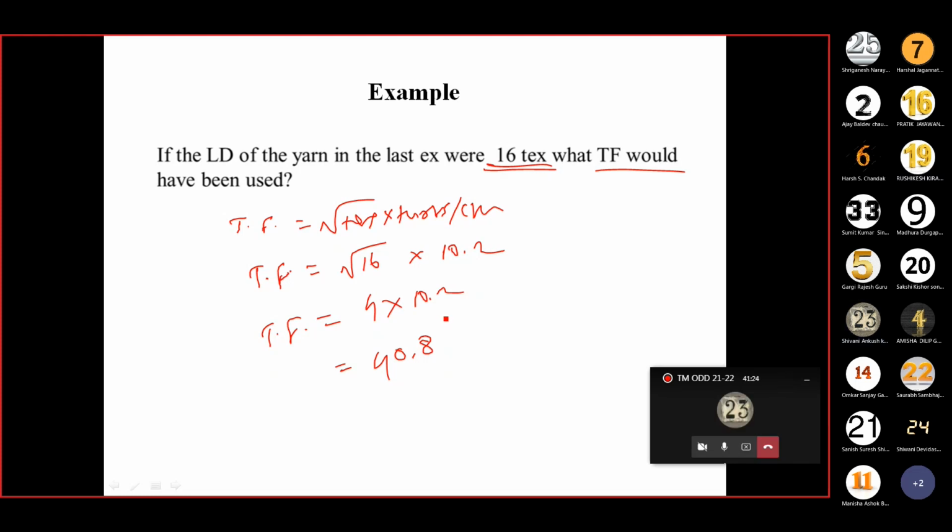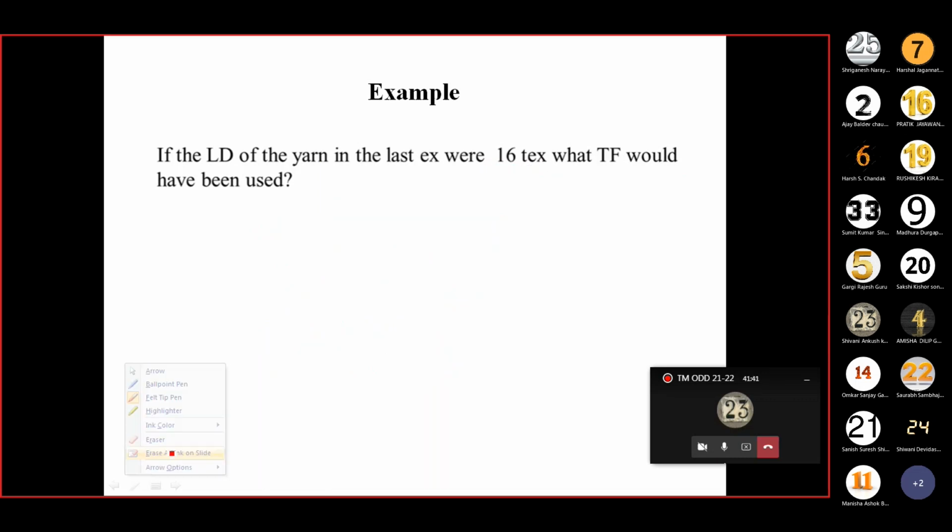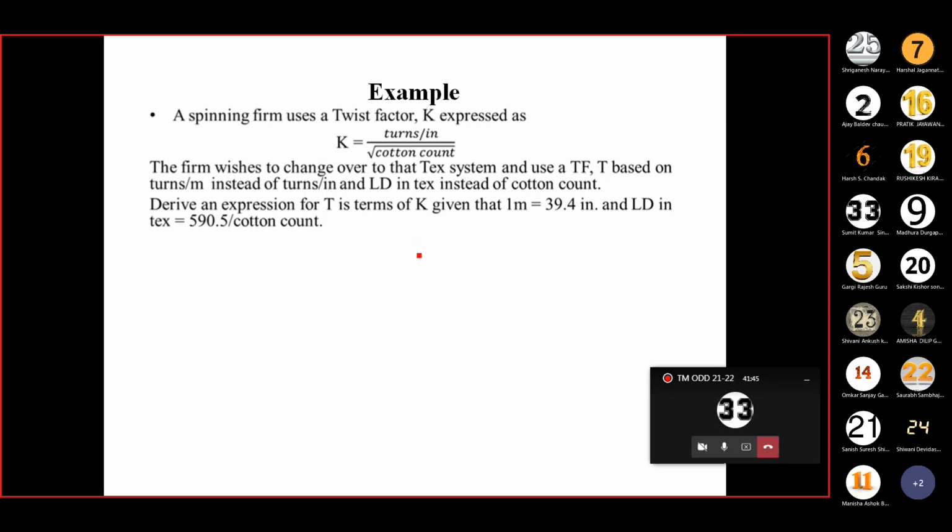Okay. So everyone got the answer 40.8. Yes, sir. Okay. So we'll move ahead. Write down this example. Everyone write down this example very fast.